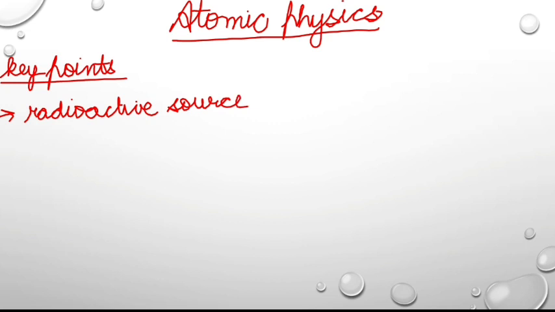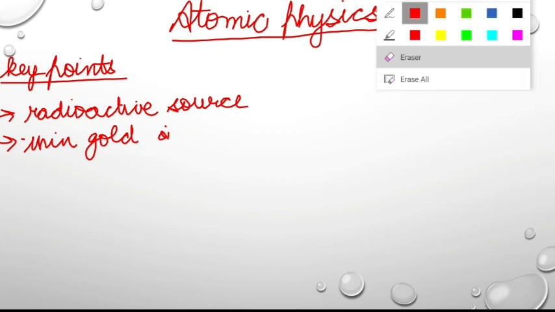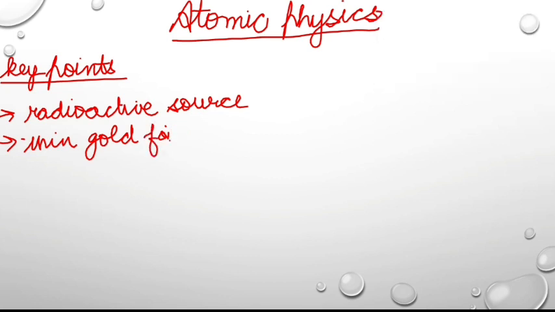Second is thin gold foil. You might also know why Rutherford chose gold foil. Third, zinc sulfide screen, the detector plate or detector screen.